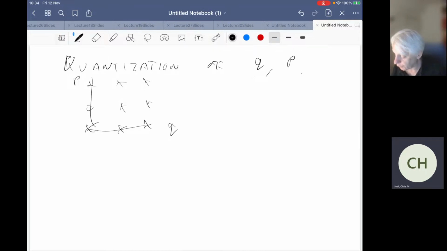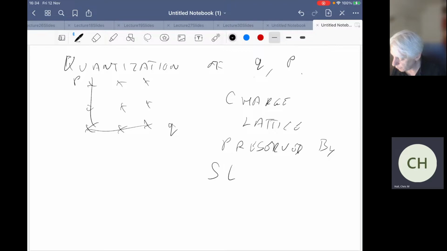SL2R acts as a linear transformation on this plane, and we see that the charge lattice is preserved by the SL2Z subgroup, the subgroup of integer valued matrices in SL2R.